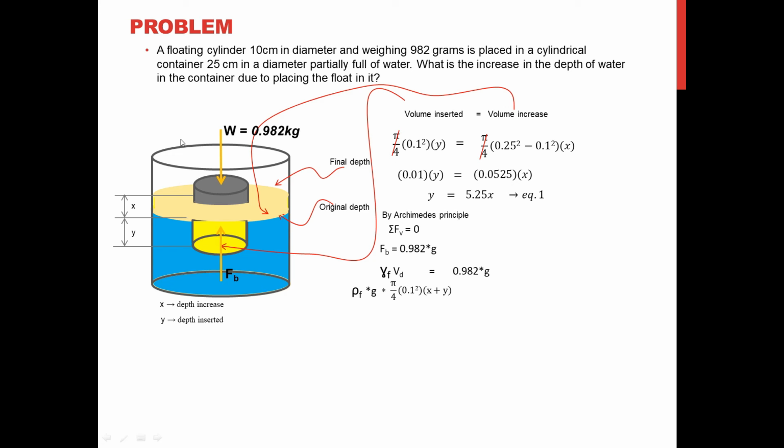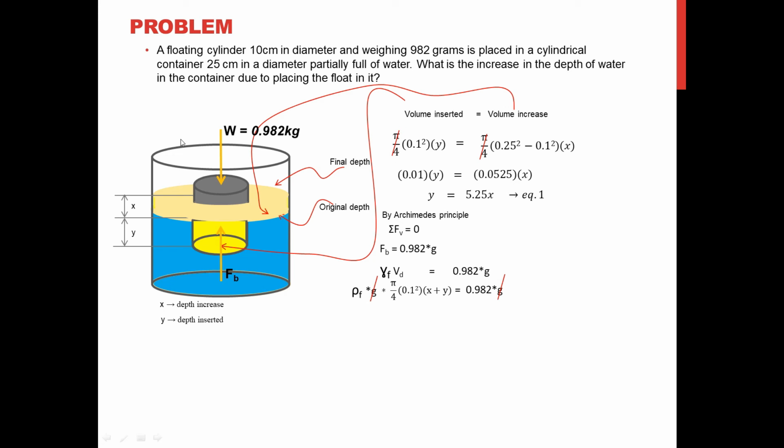Again, this is a cylindrical volume of the float, pi over 4 times 0.1 squared times x plus y. So that will be equal to 0.982 g.